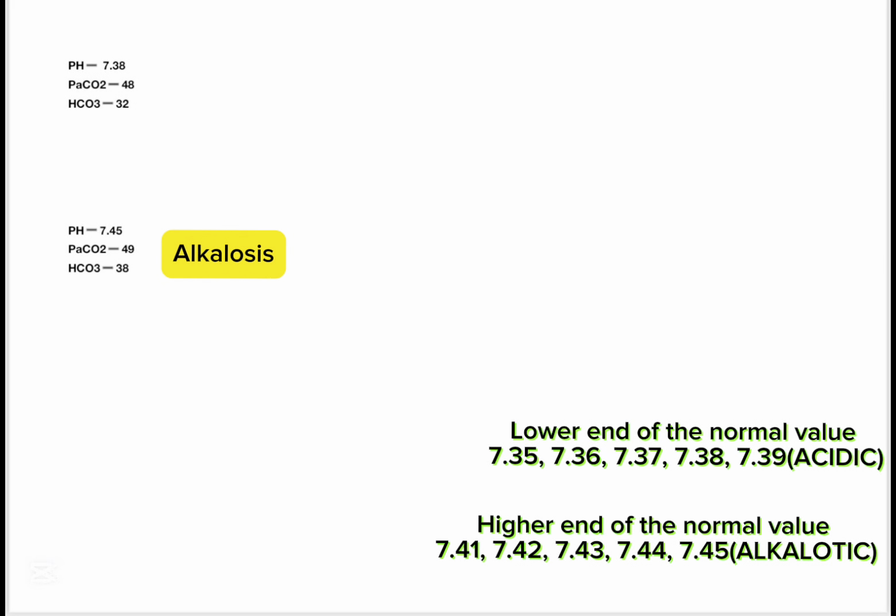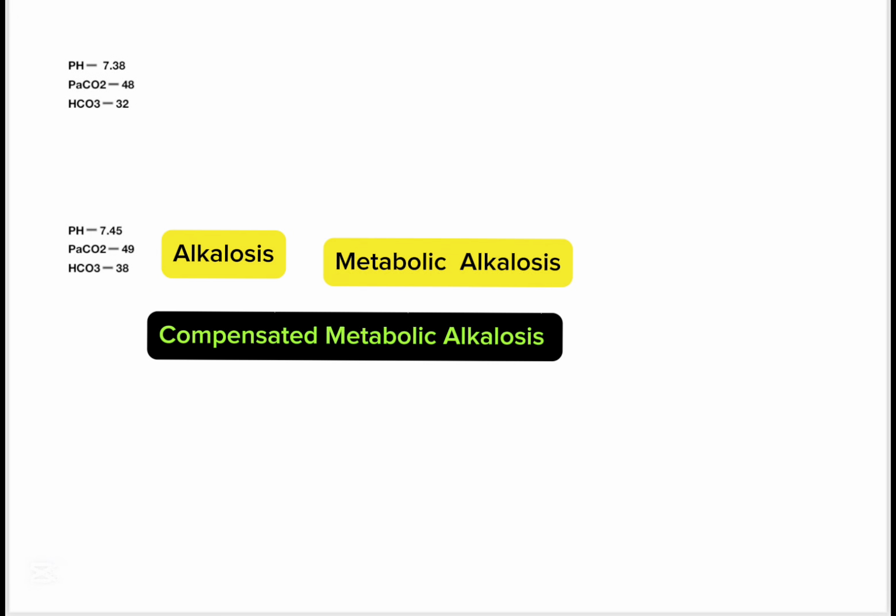So looking at the pH, it is 7.45, which is within the normal range of 7.35 to 7.45. So we can say this is a compensated or fully compensated metabolic alkalosis because the compensation was complete enough to bring this pH back to normal.